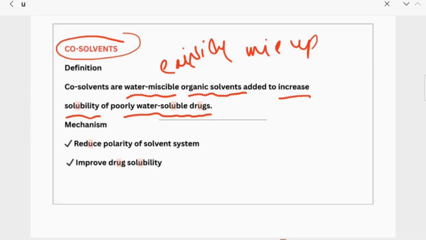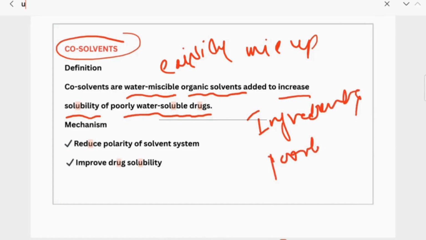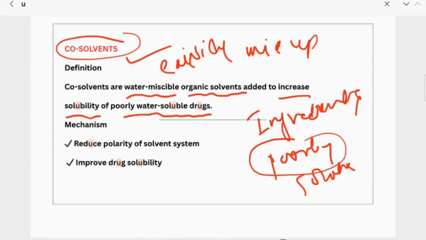Means if any poorly soluble drug or solute is there in the ingredients, to enhance its solubility we use another solvent called a co-solvent.